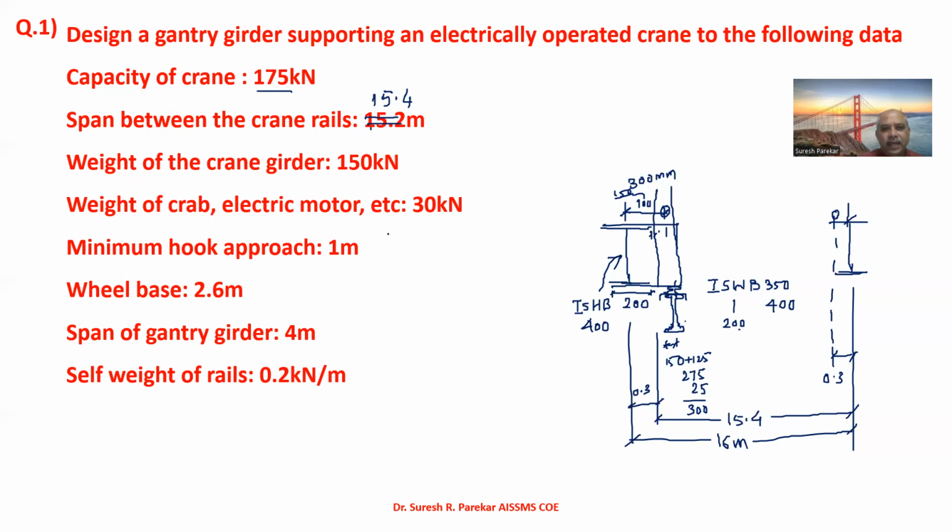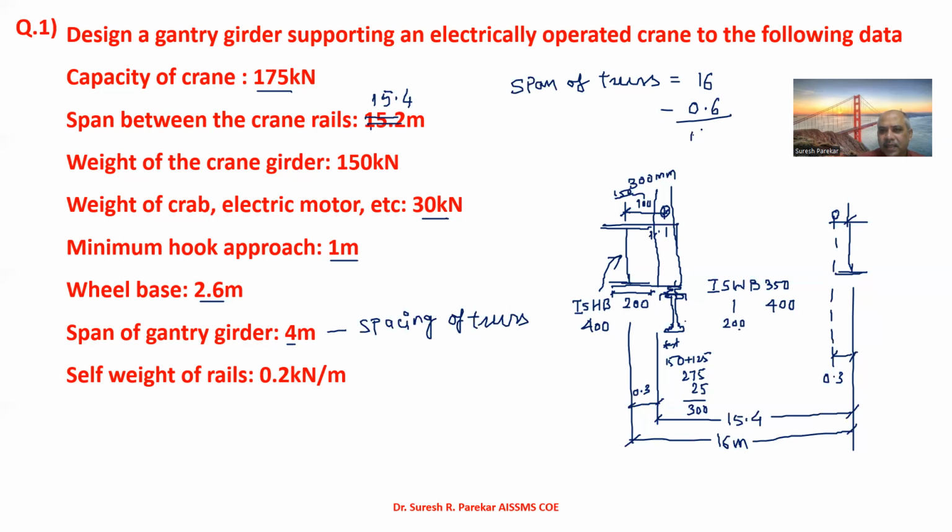Then weight of the crane girder 150, then 30 kilonewton weight of crab and electric motor, minimum hook approach 1 meter, wheelbase 2.6 meters, span of gantry girder 4, which is my spacing of truss. Whatever span of truss you have, subtract 0.6 from it.